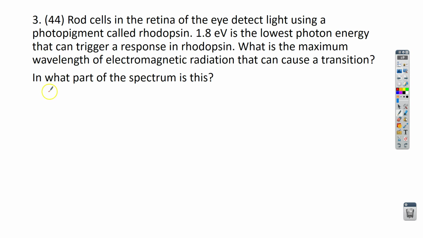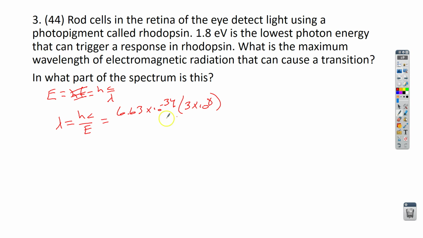We know that E, from what we said before, is equal to hf, which is equal to hc over lambda. Now we want to find out the wavelength. So wavelength is equal to hc all over E. h, remember, is 6.63 times 10 to the negative 34th, times 3 times 10 to the 8th for the speed of light, all divided by 1.8 eV.